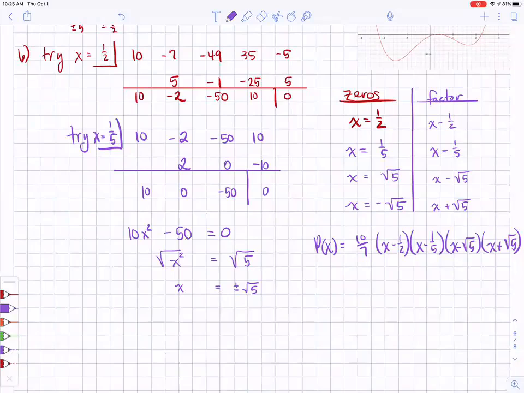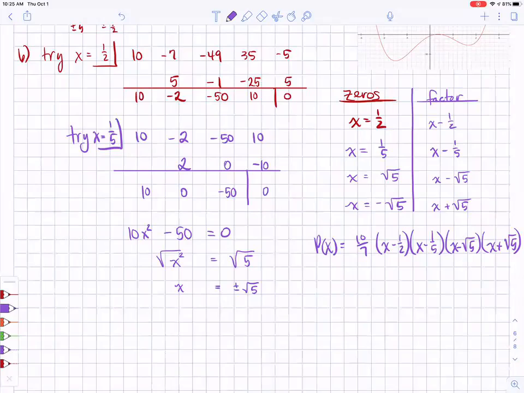Mary Alice, if you had used the 2x minus 1 and the 5x minus 1, what is your leading coefficient? And so what are you going to do to make your leading coefficient match the original? Yeah, I would multiply by 1/7. I would put a 1/7 in front.